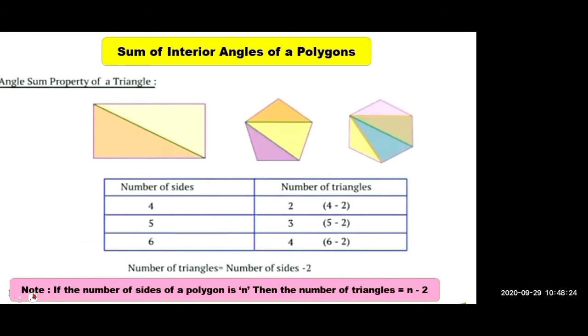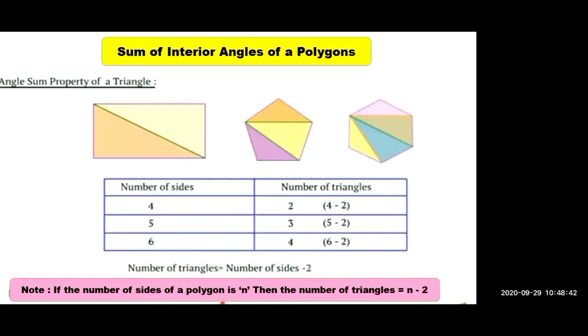Okay, I repeat. Note, if the number of sides of a polygon is n, then the number of triangles equals to n minus 2.